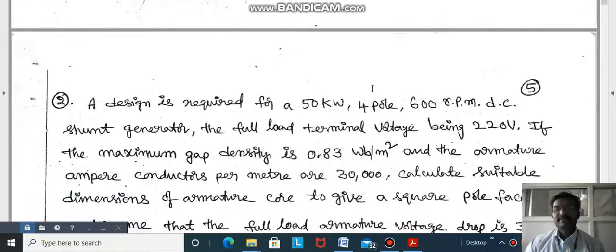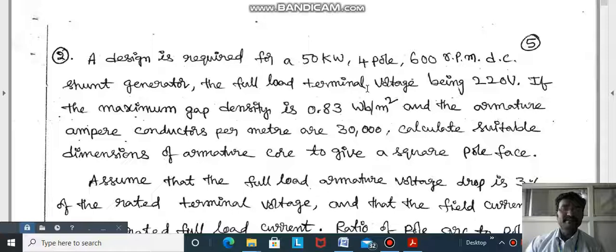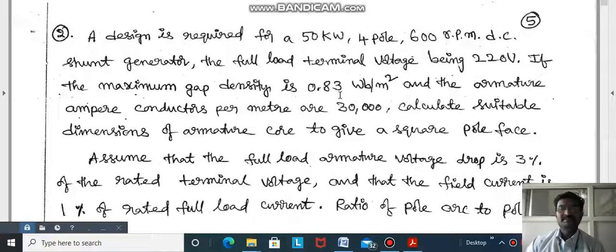Okay, in the second problem, a design is required for a 50 kilowatt, 4 pole, 600 rpm DC shunt generator, the full load terminal voltage being 220 volt. If the maximum gap density is 0.83 webers per meter square, and the armature ampere conductors per meter are 30,000.